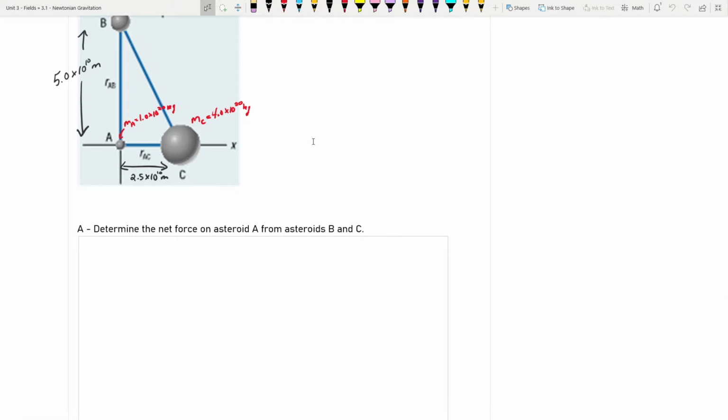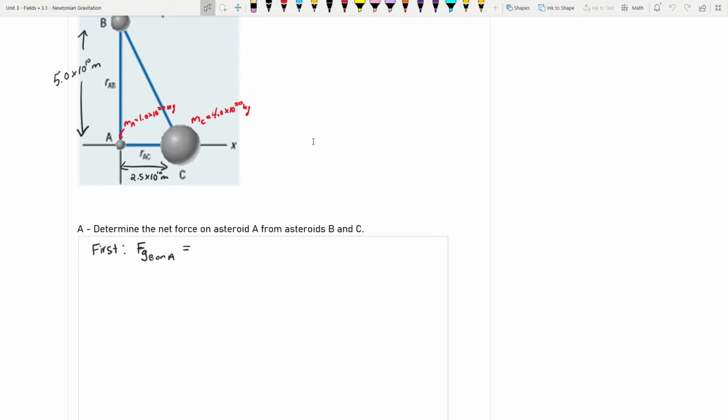So first, we can find the force of gravity of B on A, and the nice thing is, because we're at 90-degree angles to each other here, it won't be so bad, right?